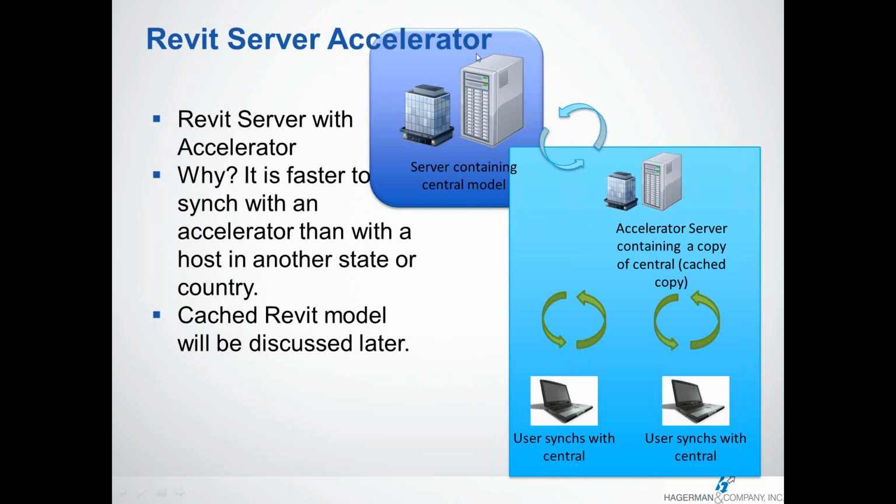It actually sends it directly from the host to the user, but the accelerator is constantly keeping tabs on that so that it always tries to have the latest copy. So whenever Revit has the ability, it'll always pull the data from the accelerator instead of the host. That's the bottom line. If what I just explained doesn't make a lot of sense, basically think about it this way: Revit's always going to try to pull the data from the quickest possible way. If it cannot, it'll pull it directly from the host. So that's all you've got to know about it.